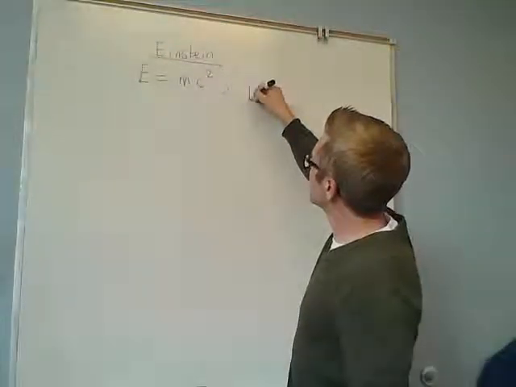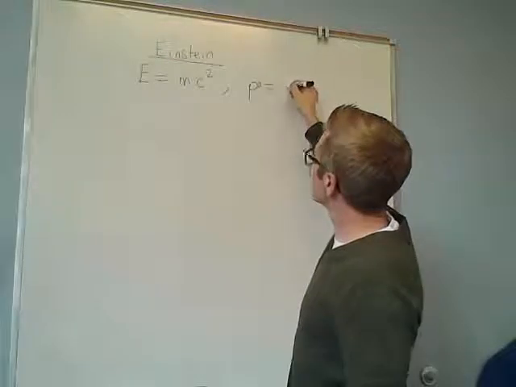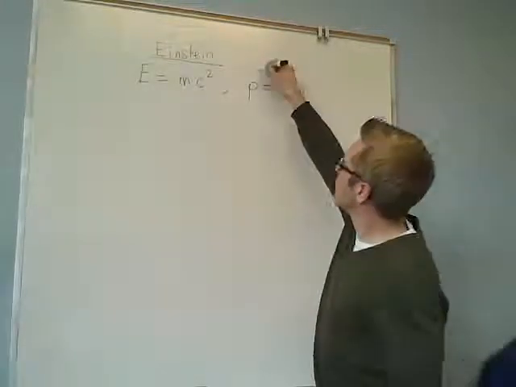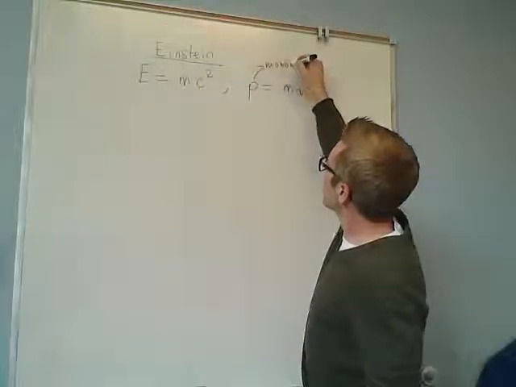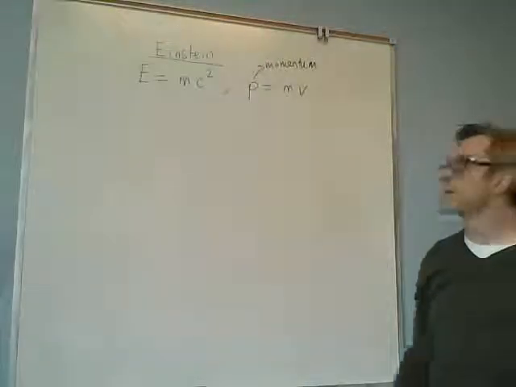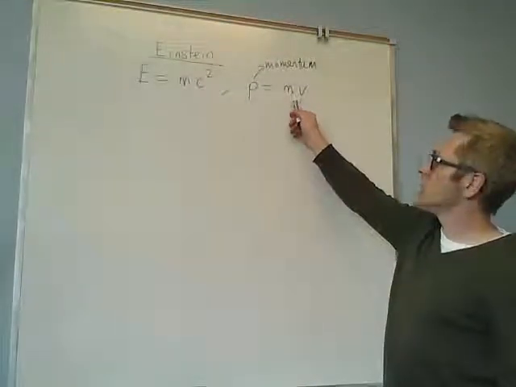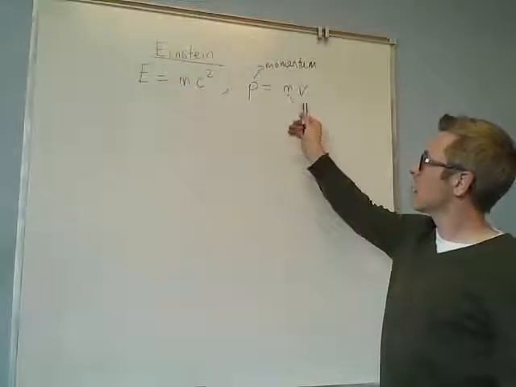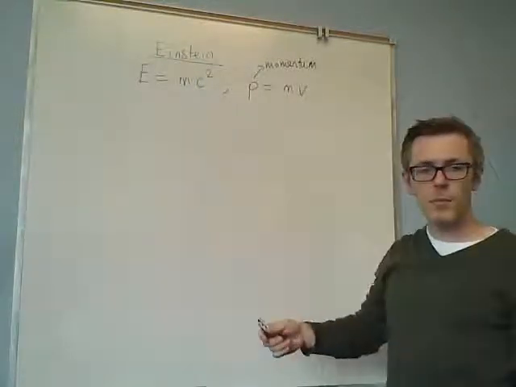And there's another equation. P is momentum. This is the Newtonian idea of momentum. Momentum is mass times velocity. So an object with a mass traveling with a specific velocity will have a momentum.